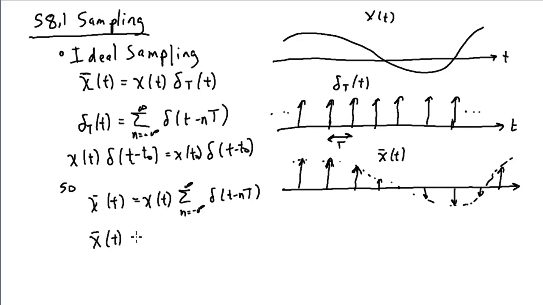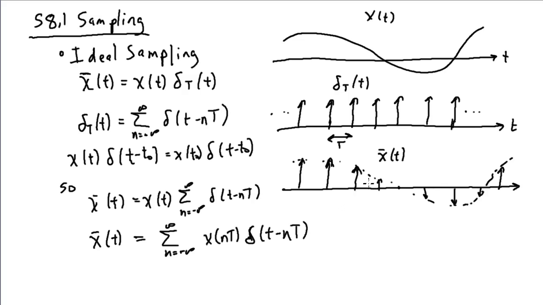So applying the multiplication property, x over bar of t is the infinite sum from minus infinity to infinity of x of nT delta of t minus nT. And that's the representation we have here for this train of impulses. Note that at this point this is all theoretical.